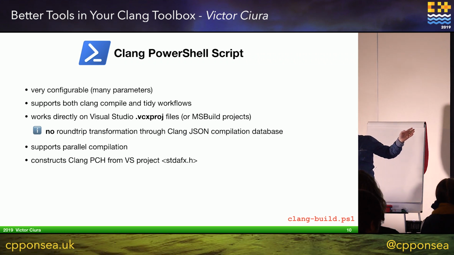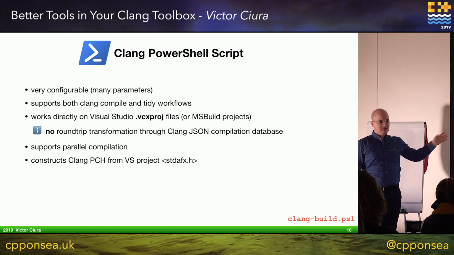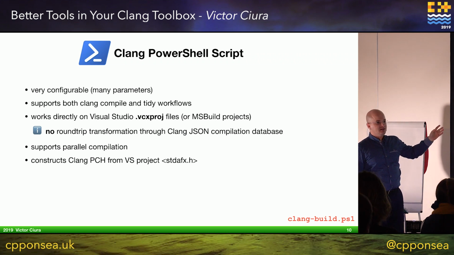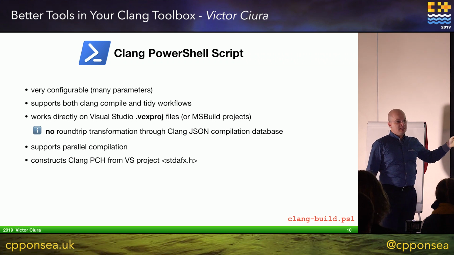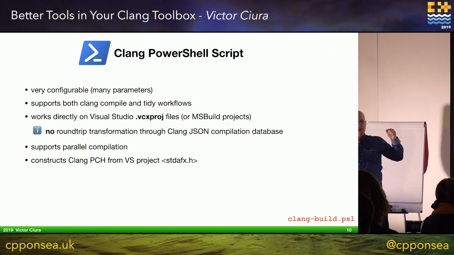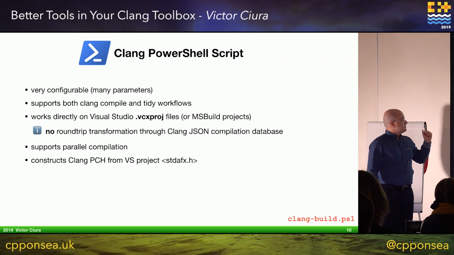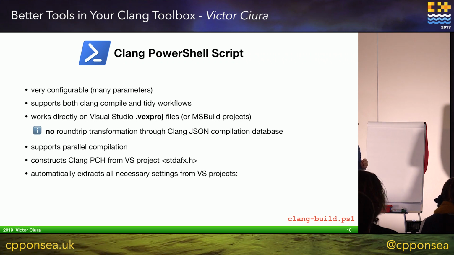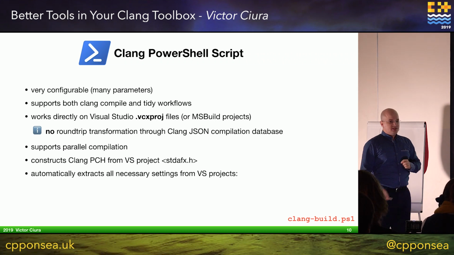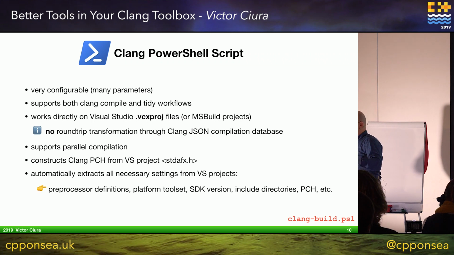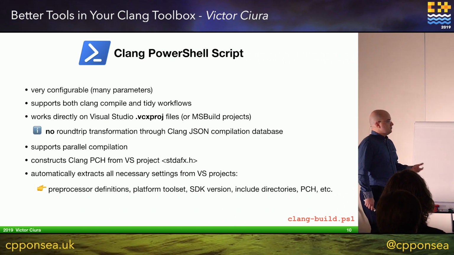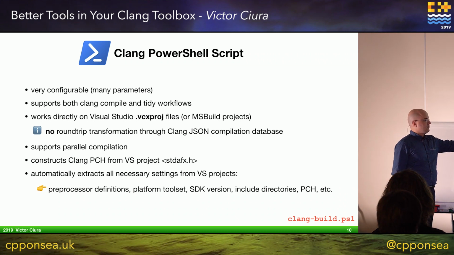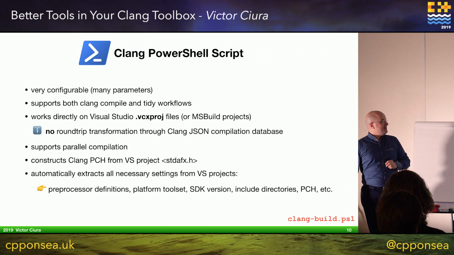In the Clang community, PCH is not such a big deal, but on Windows, it really saves a lot of build time, so we leverage it a lot in Visual Studio projects. We build a Clang PCH for every project and a PCH configuration file that we may have in Visual Studio. And of course, it automatically extracts all the necessary settings from Visual Studio projects, like compilation settings, definitions, include directories, and everything that's needed to compile your project.